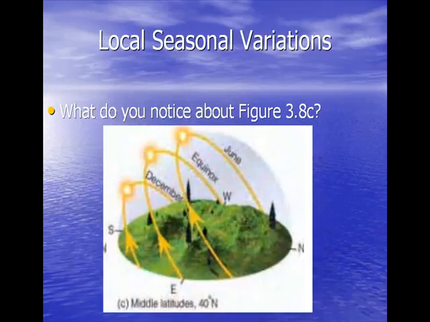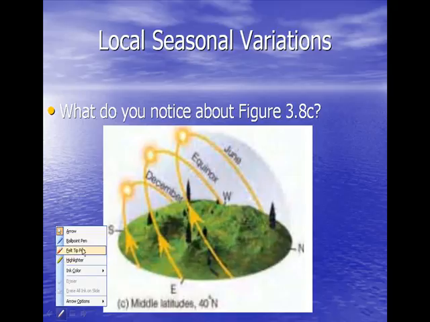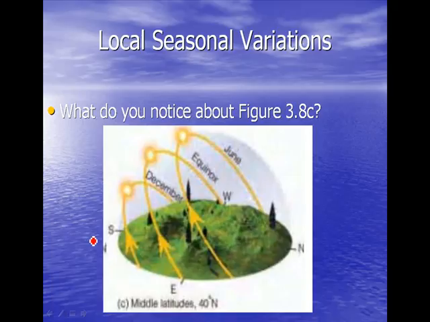Let's go ahead and focus now more on local seasonal variations. One of the first figures I'll bring up is a figure from your textbook, figure 3.8c. It's for the middle latitudes, 40 degrees. This is where we're located in Iowa, right around 42 degrees north latitude. This picture shows directions, northeast, south, and west, and then the different paths across the sky.